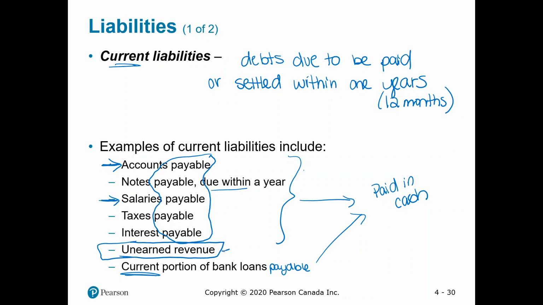For unearned revenue, you will settle this by either doing work or by providing a good or a service. So we're not paying cash for this. Instead, the debt that we owe is to provide this good or service. But for all of these, this will be done within 12 months.